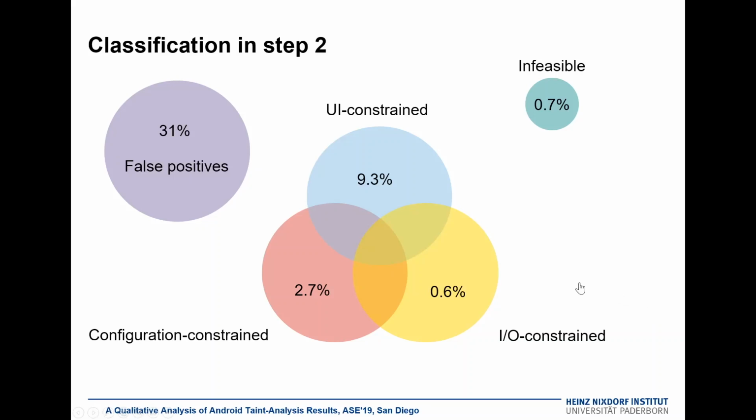And there were also taint flows which are dependent on multiple factors. As you can see here, the numbers in the intersections are actually quite small. Also, we categorize the remaining taint flows as unconstrained. However, this is only an upper bound since we didn't filter all false positives in step 1, and COVA didn't scale for some of the apps.